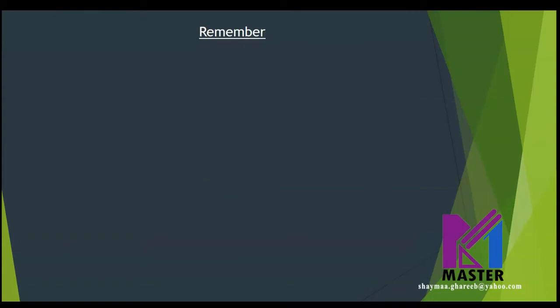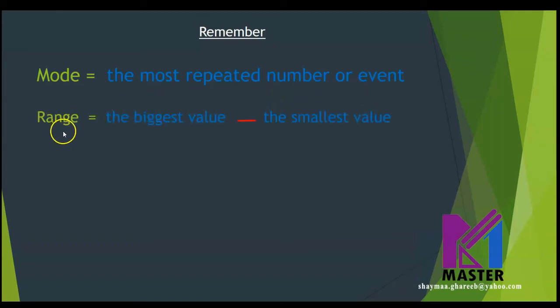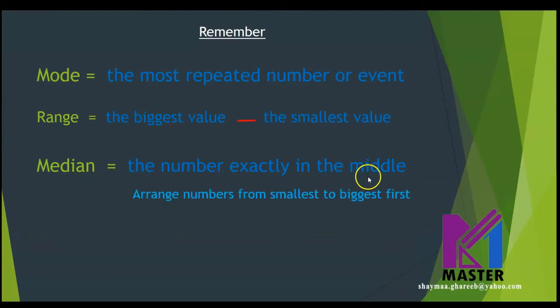Let's sum up all what we learned about average, starting from the mode. The mode is the most repeated number or the most repeated action or event. The range, the biggest value minus the smallest value. The median, the number exactly in the middle.